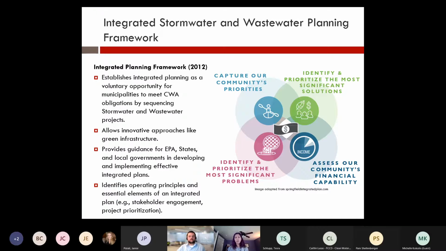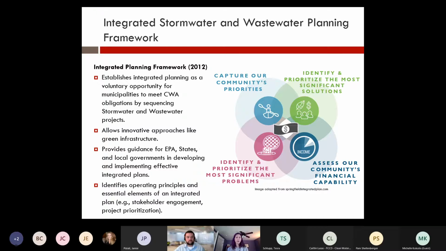We developed the planning framework in 2012, and what it does is it establishes 6 elements that a municipality can follow so that they can look at the stormwater and wastewater Clean Water Act assets to meet any of the regulations that you might have.